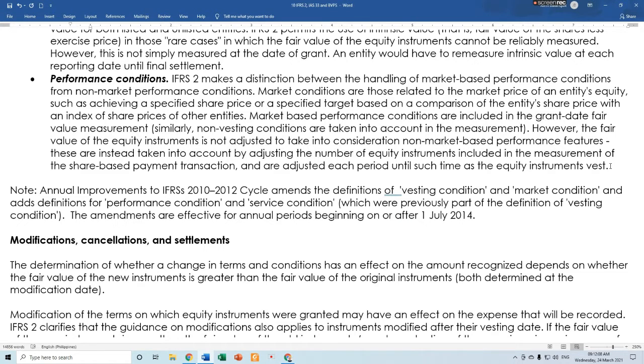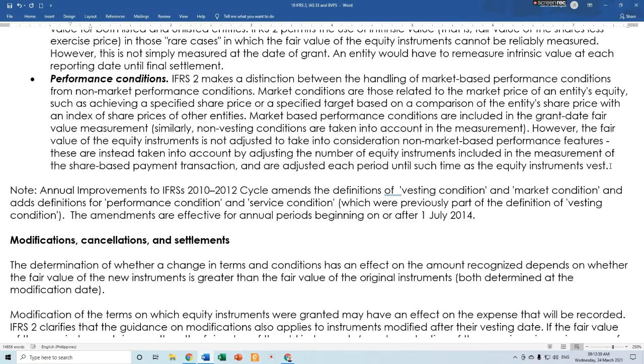Tapos kapag mas tumaas pa, lumampas pa doon sa initial assessment ng value ng shares, ang fair value ng option magiging, sabihin natin, from original amount magiging 10 pesos, parang gano'n, or magiging 15 pesos din, gano'n. So, yun siya. Yung fair value na gagamitin mo at each reporting period will be dependent on the value of the shares. Okay? At each reporting period.